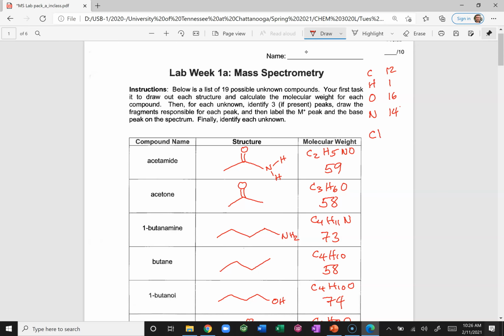Cl could be 35, or Cl could be also 37, and then Br could be 79. Use 79, even though it says 79.9, use 79, okay? Because the isotopes are 79 or Br 81.